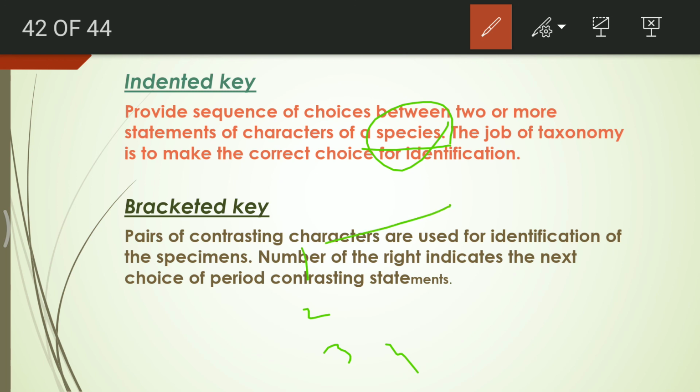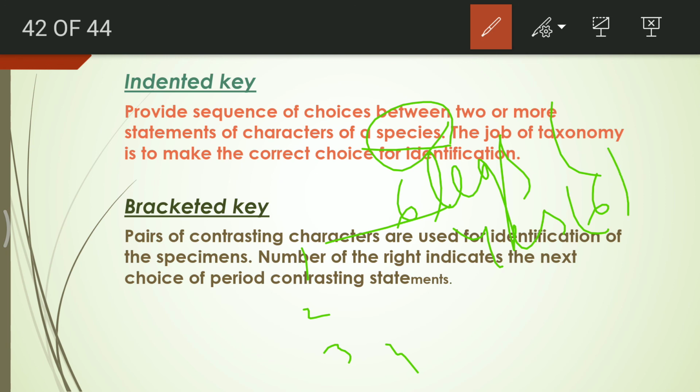Suppose a statement is given: does the organism have 6 legs? If the organism has 6 legs, here in the bracket it will be written yes. If the answer is yes, go to question number 6, and if the answer is no, then move on to question 2.